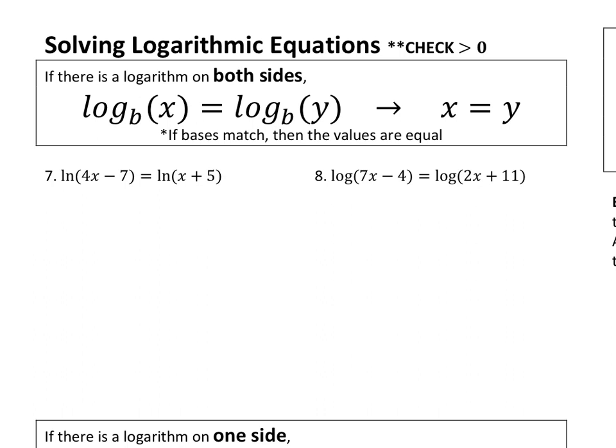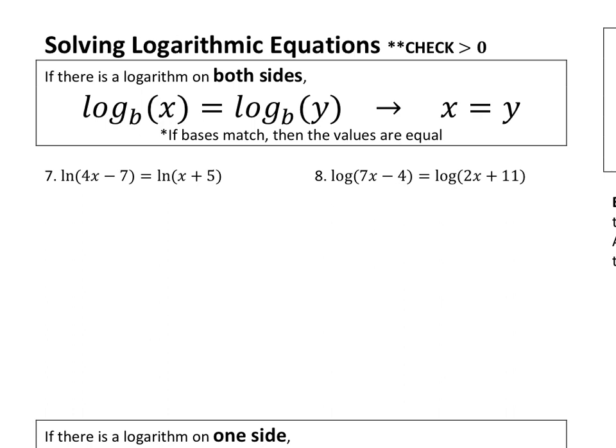So on the inside here, we're going to learn the 2 variations of solving logarithms. The first is if there's a logarithm on both sides, kind of like the other side. So these are going to look like this, and it's the same exact rule. If the bases match, then the values are equal. Meaning the stuff in the argument, in the parentheses, we just set equal to each other, the same way we did the exponent a second ago.